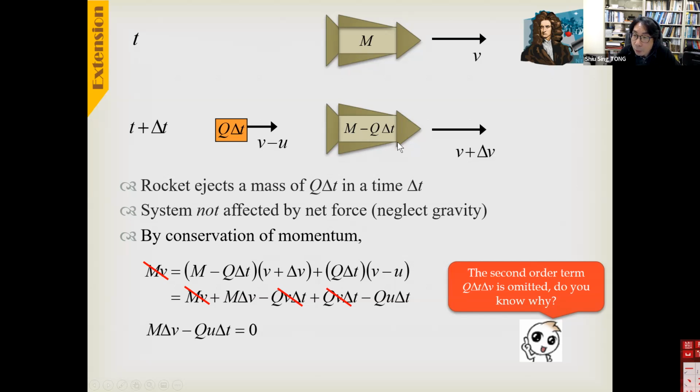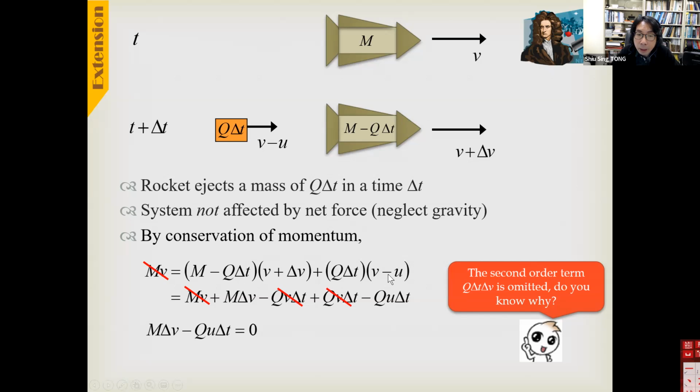The momentum of the rocket itself is m minus q delta t, the new mass, multiplied by the new velocity v plus delta v. So the first term here is the new momentum of the rocket. The momentum taken away by the fuel is the mass of the fuel multiplied by the velocity of the fuel being ejected, and that velocity is relative to the ground.